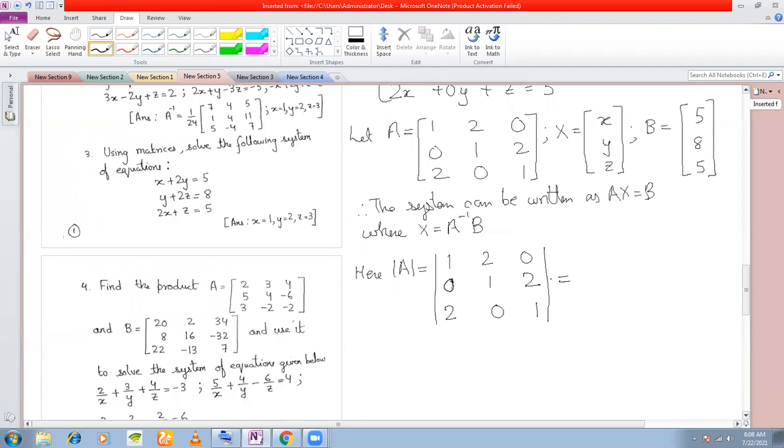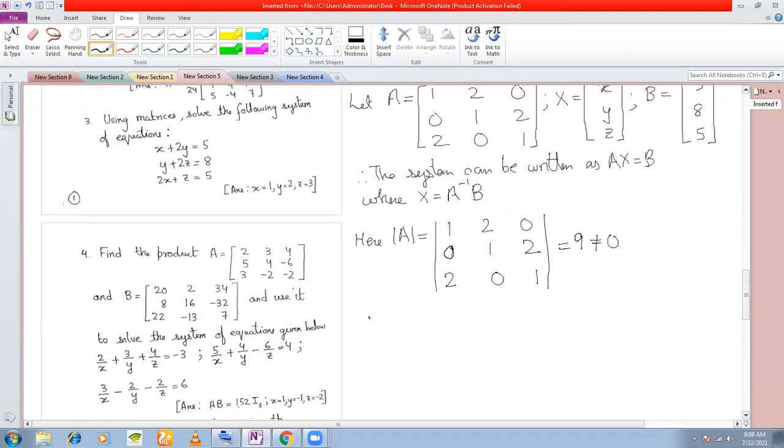Okay. You calculate this determinant in the usual manner, you will get 9, which is not equal to 0. Therefore, A is non-singular. That means A inverse exists.